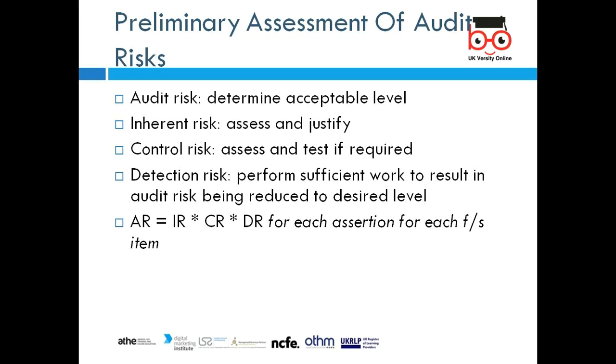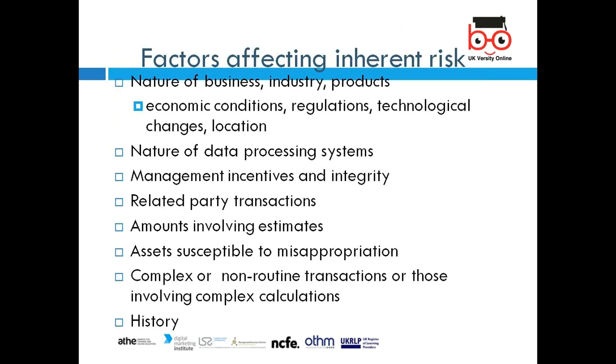You assess it and test it, ask someone about the control system. Detection risk: perform sufficient work to reduce audit risk to the desirable level. Audit risk equals inherent risk times control risk times detection risk. All these risks make up our audit risk. Any questions?